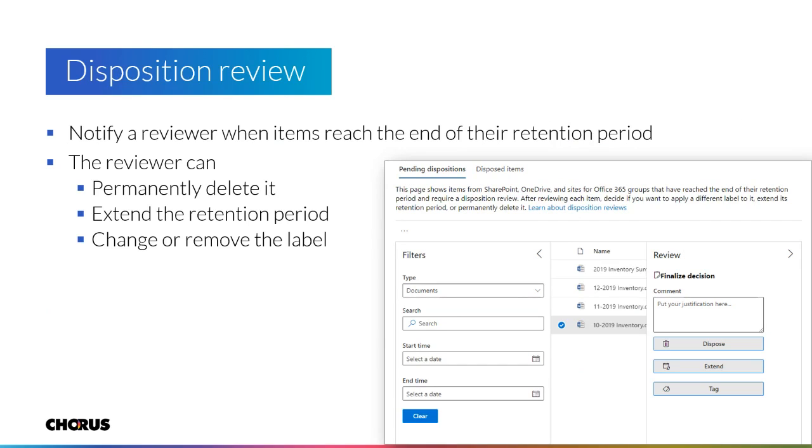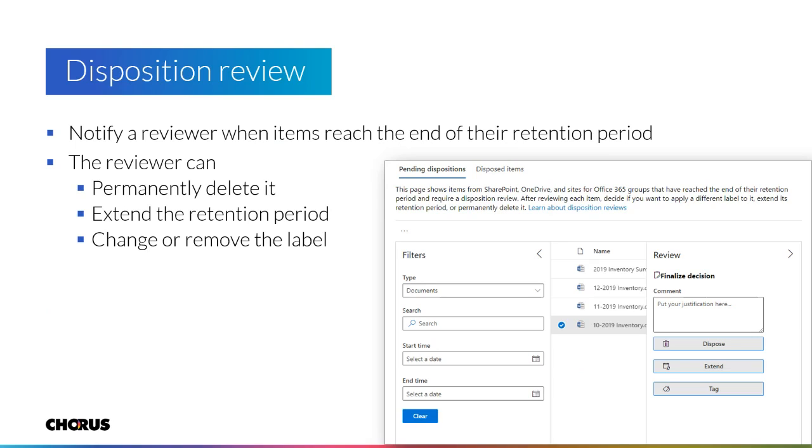So there are a few other clever things around retention labels, retention and governance that we should take a quick look at. The first is disposition review. If you don't want something to be deleted automatically when it reaches the end of a retention period, you do have this disposition review option instead. This basically allows you to notify specific people when labeled items reach the end of their retention period.